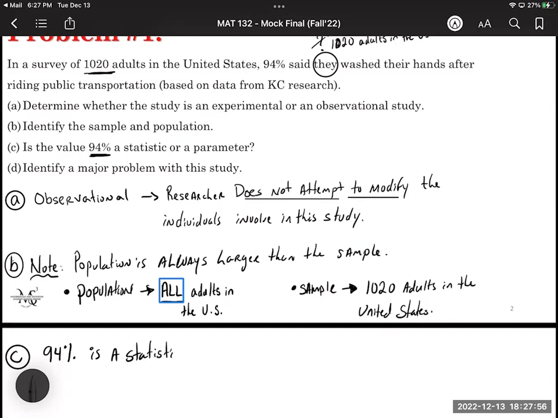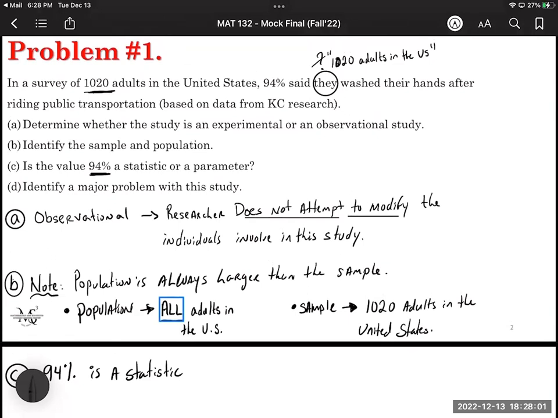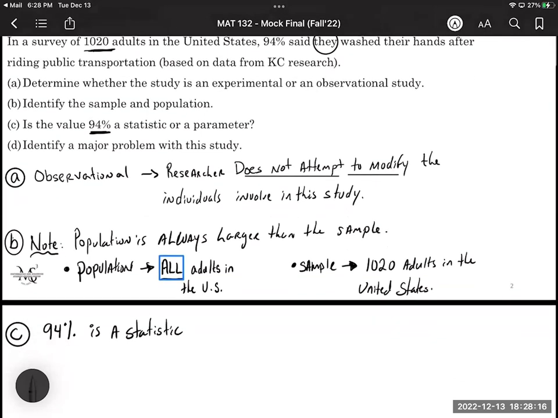When you read these phrases, when they talk about a percentage, such as the 94%, who are they referring to? Well, the they is the 1,020 adults in the sample. So therefore, it's a statistic, 94%.